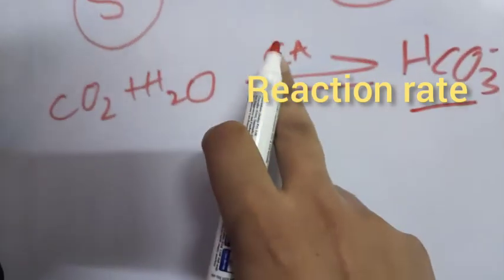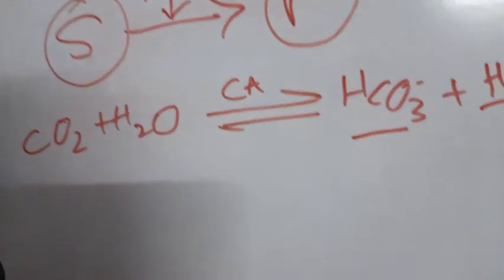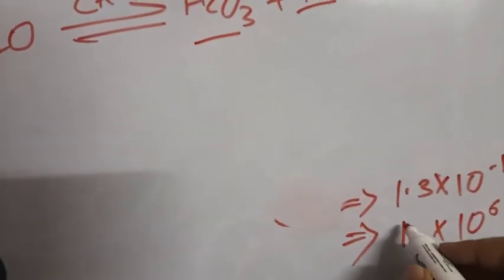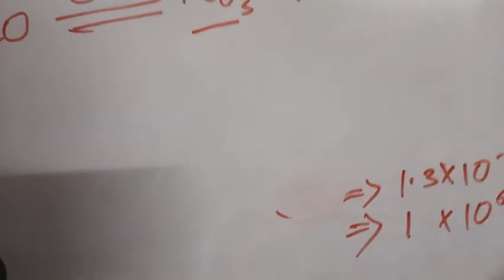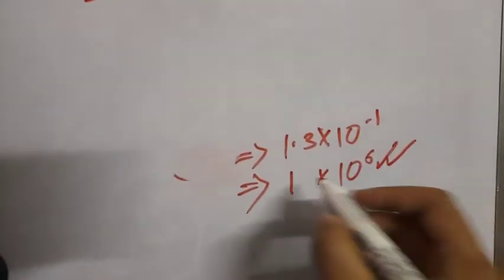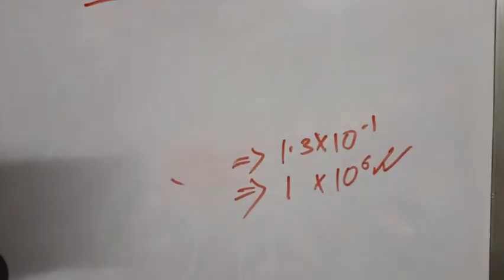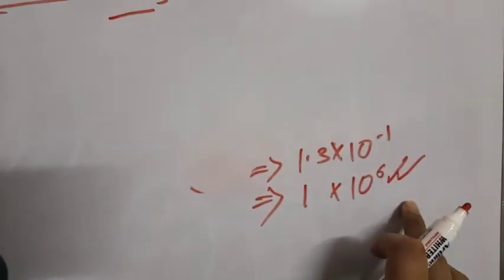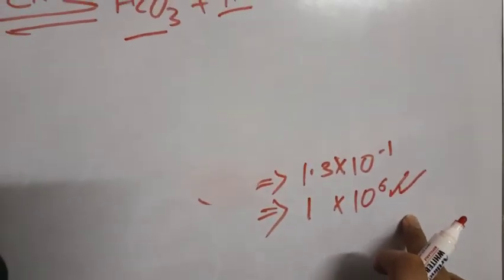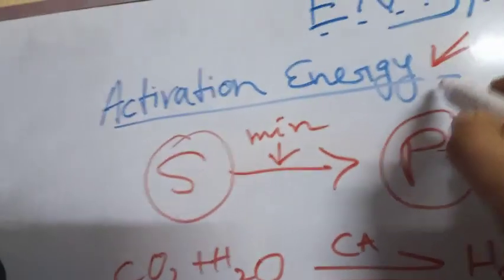But if this reaction occurs in the presence of carbonic anhydrase, the rate of reaction is increased to 1 into 10 to the power 6. That is a significant increase in the rate of the enzymatic reaction. And this rate increase occurs by decreasing the activation energy.